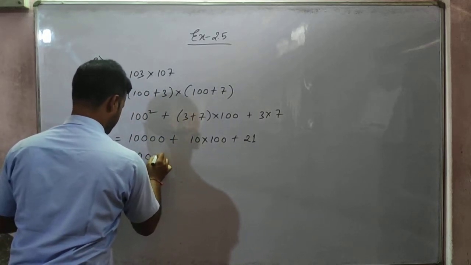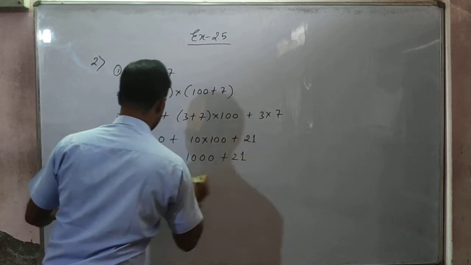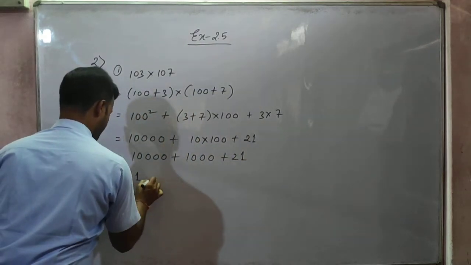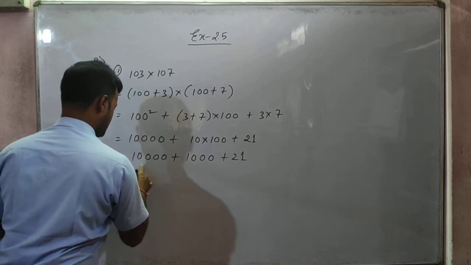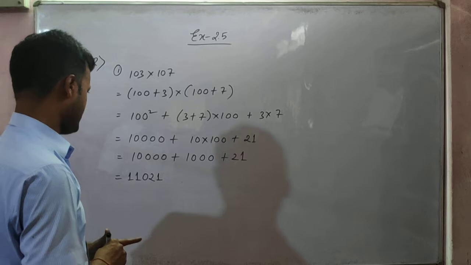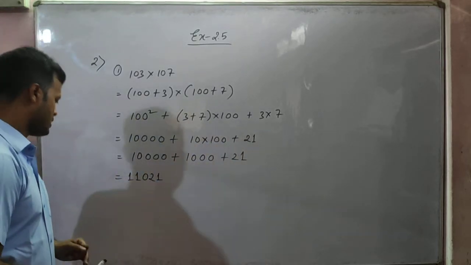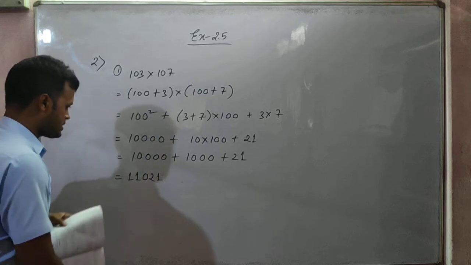So 10,000 plus 1,000 become 11,000, and 21. Okay, students.